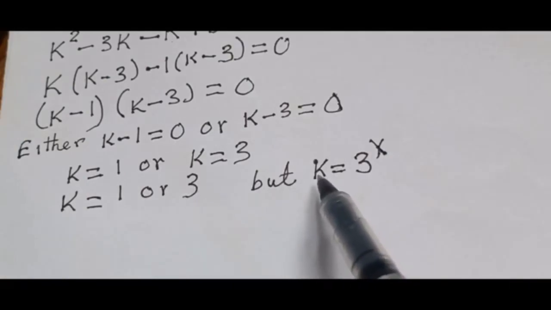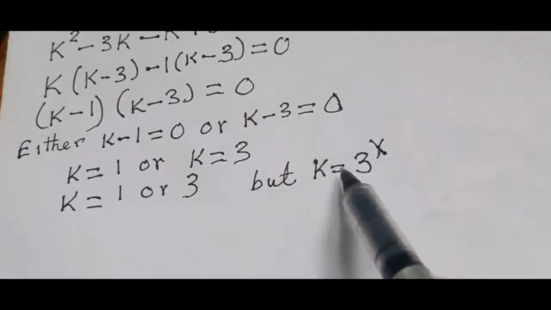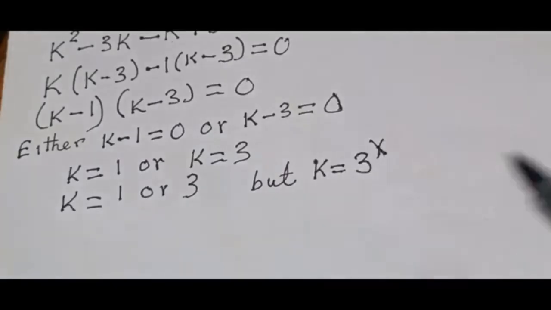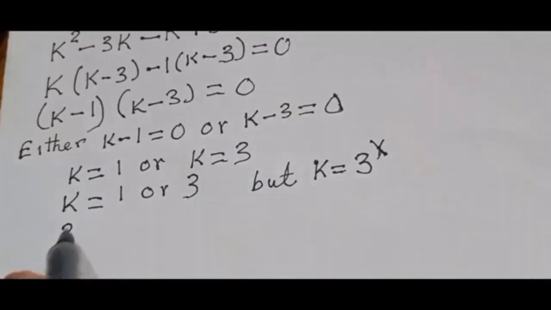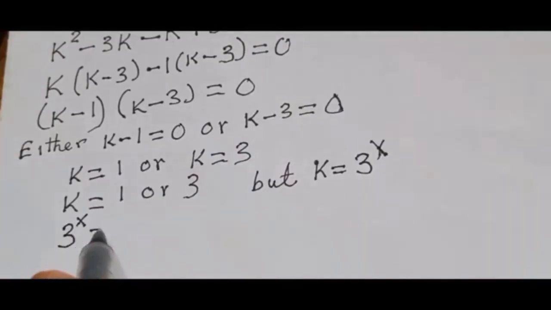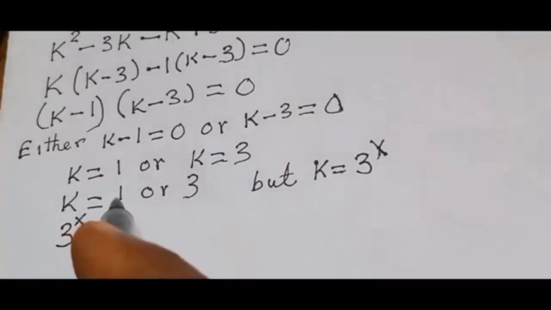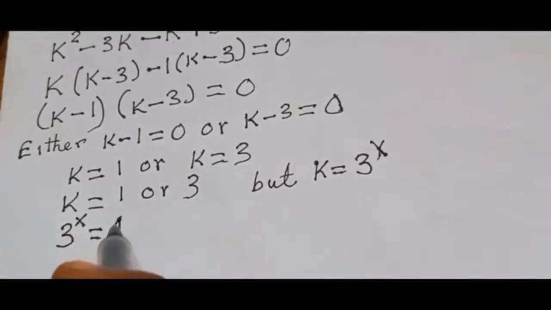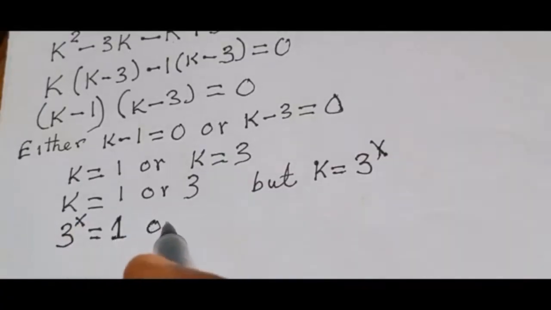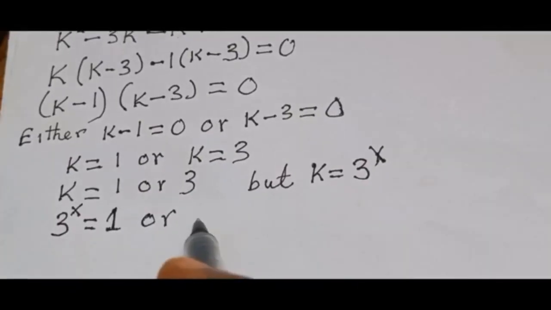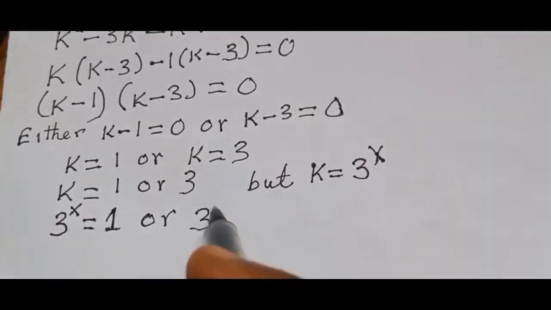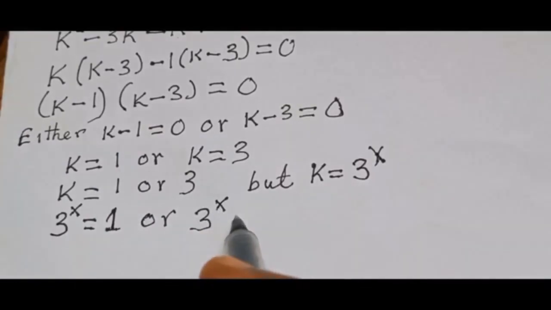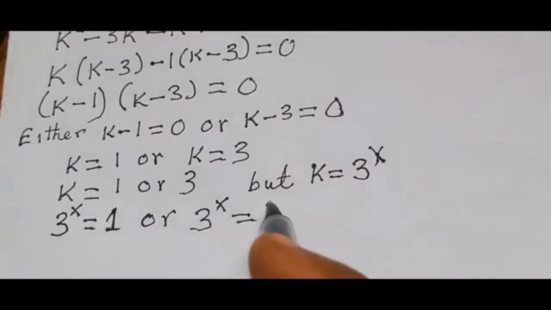So we will get 3 equals 3 raised to power x. So now we have 3 power x equals k. Our k is 1. Or 3 power x equals 3.